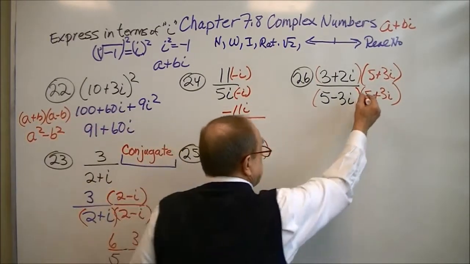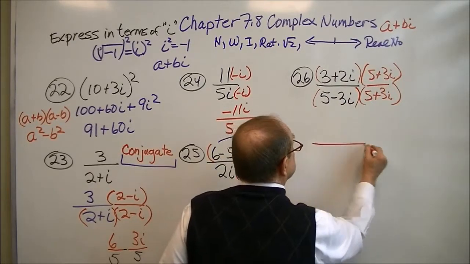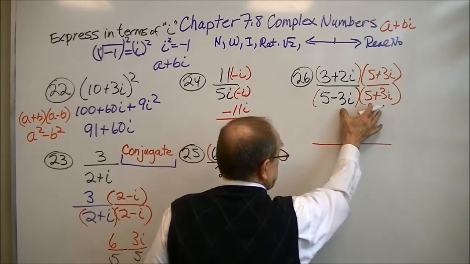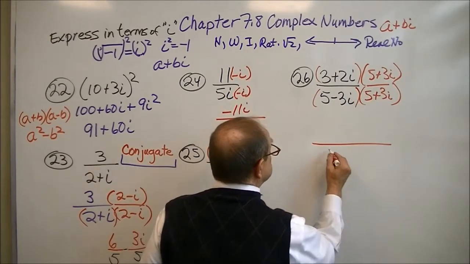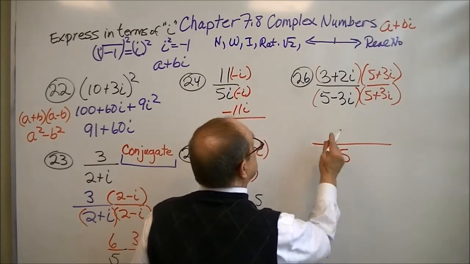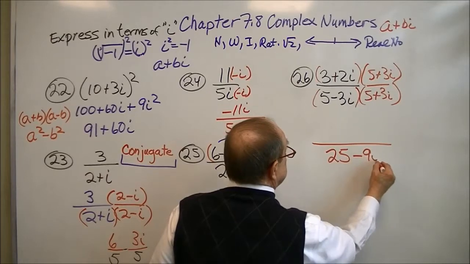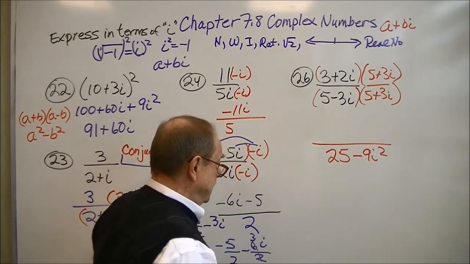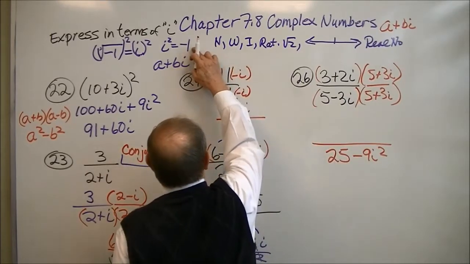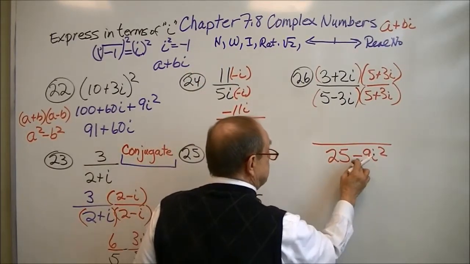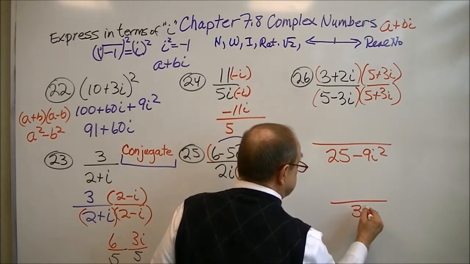So again, this is a 1, but it's nice that we're going to get rid of our imaginary numbers in our denominator. So this becomes 25, and this becomes a negative 9i squared. But we said i squared was a negative 1, so this becomes a positive 9. So our denominator is 34.